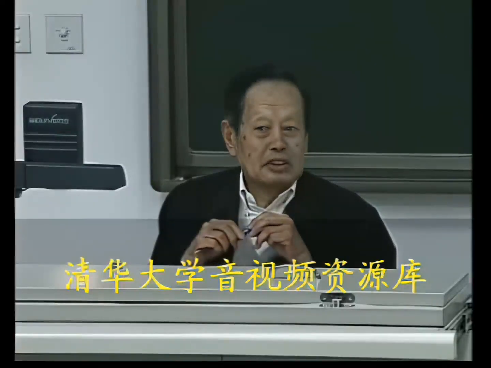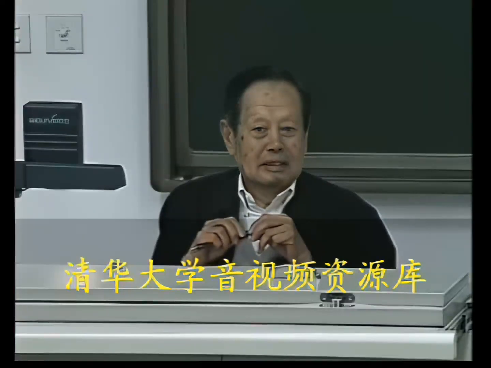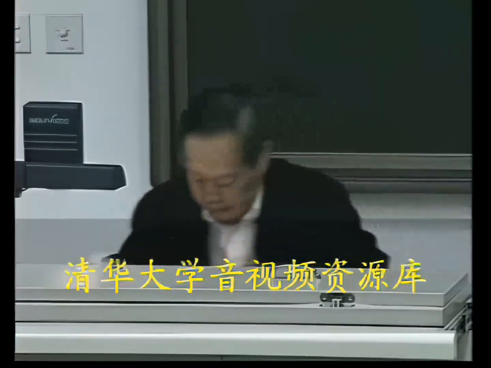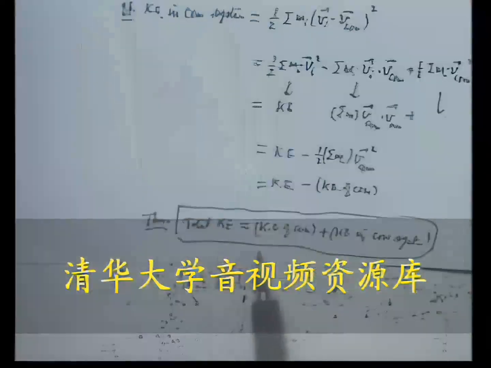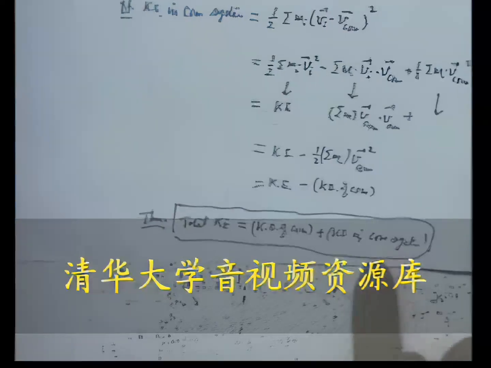So in the center of mass system, the final particles have no velocity. If the particles stick together and move with the center of mass velocity, then of course they are not moving in the center of mass system. So therefore this part is zero.